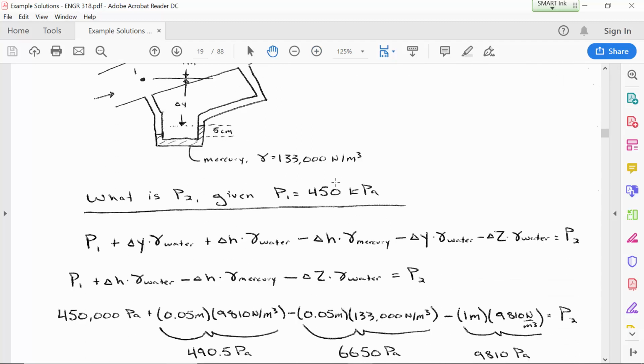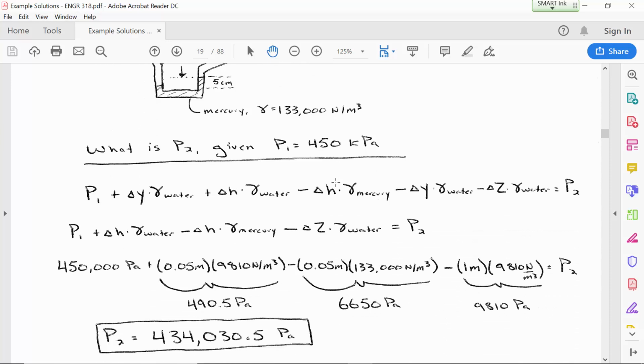Here's our sketch, and here's how we go through and calculate the pressure at 2. So the pressure at 2 is the 450 kilopascals plus the 490 that we pick up by going downward through 5 centimeters of water. That was the deflection on the left side of the manometer tube, the delta H of water, minus the delta H of mercury.